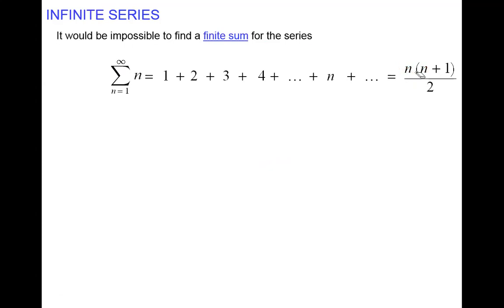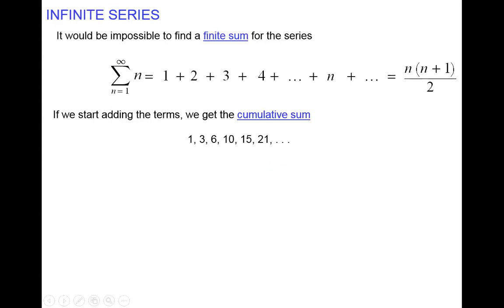Or if we keep n as infinity, of course, this expression at infinity is also infinity. That means this will be a big number. But what we have to notice, and this will be one of the ways to define, because we will not always have this nice formula. I can write it down.